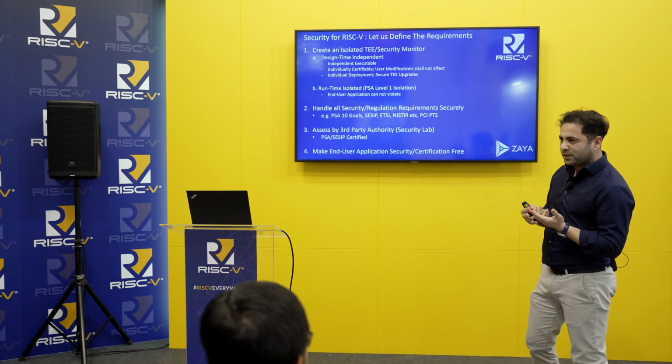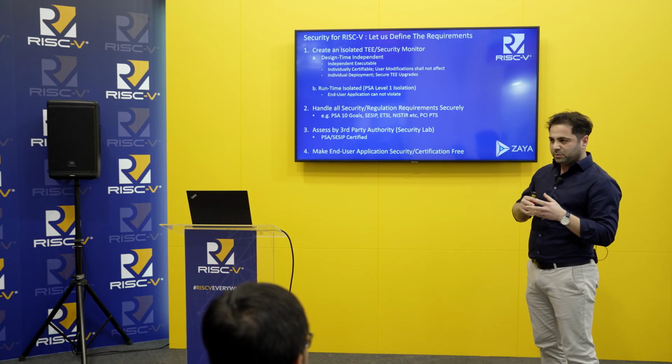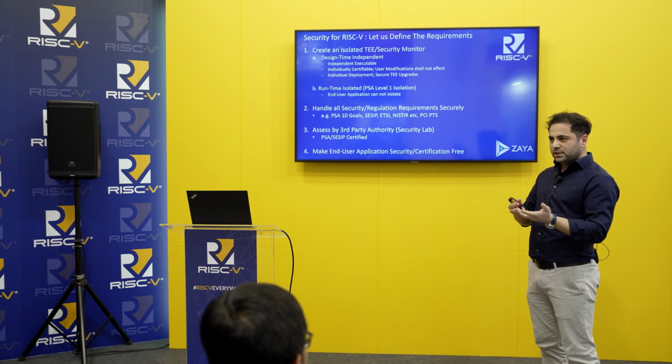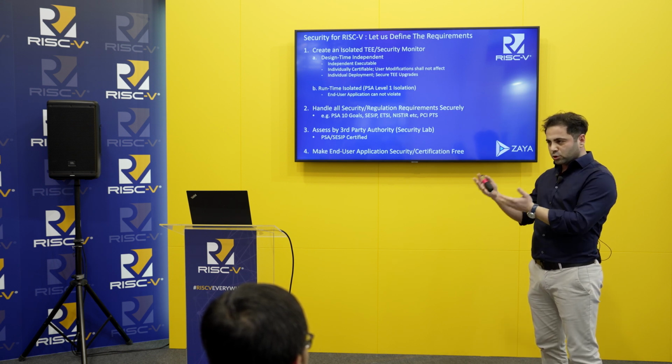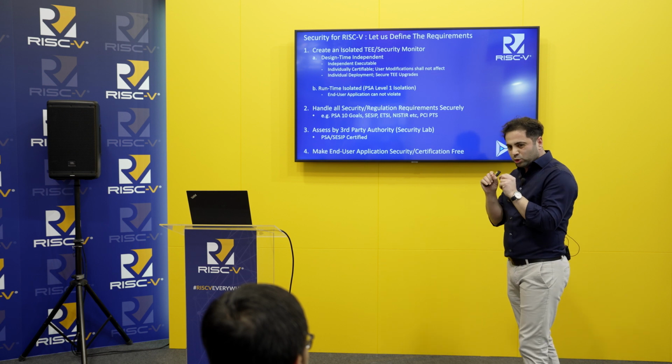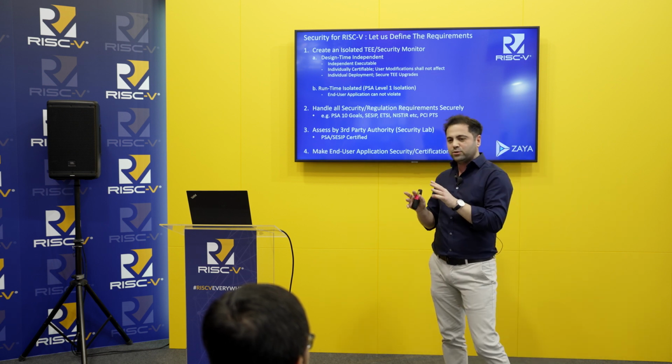For example, it shouldn't affect its signature, because maybe you have certified your TE by a security lab, and you shouldn't modify it. At least you need to guarantee you don't modify your TE for user space modifications.